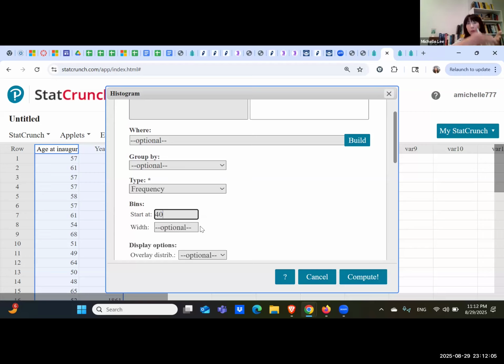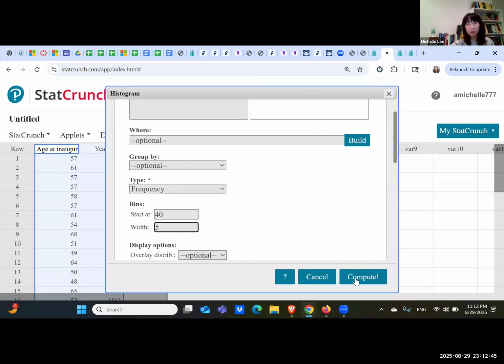What was the width? 40 to 44, 45 to 49, 50 to 54, and 55 to 59, right? The difference between lower consecutive limits is 5, so the width is 5, right?